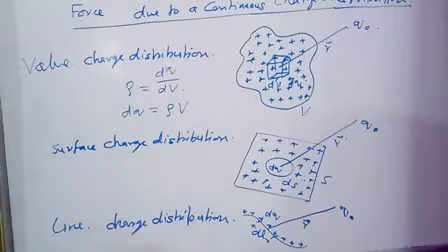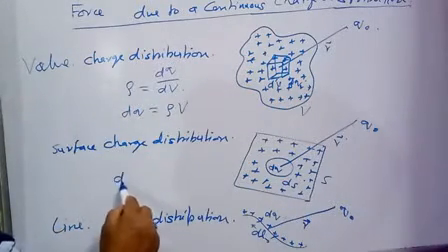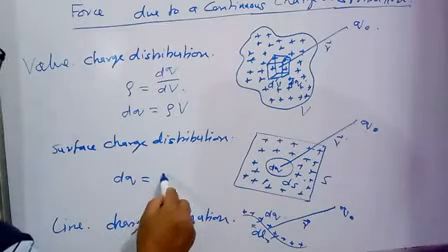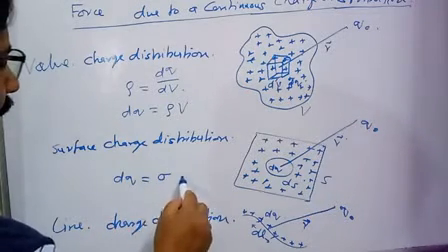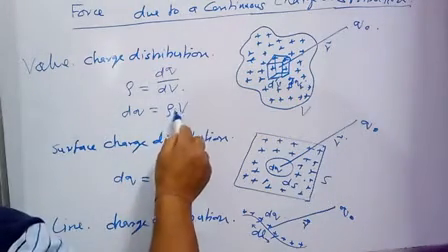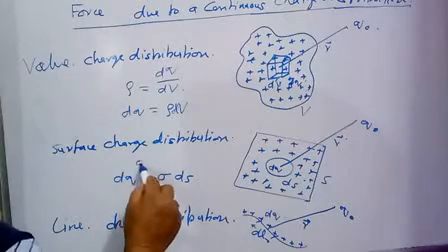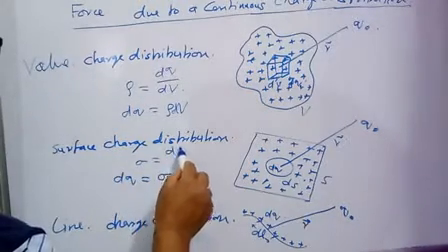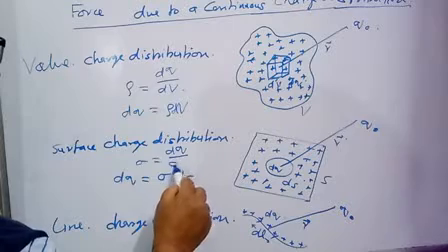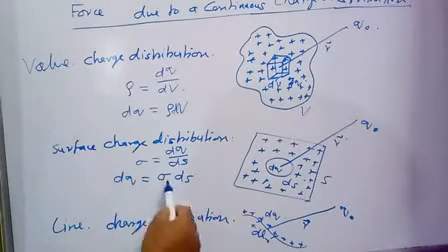In the second case, dq is going to be sigma into dS. Here sigma is the charge on the small section dq divided by the surface area dS. So dq is equal to sigma into dS.